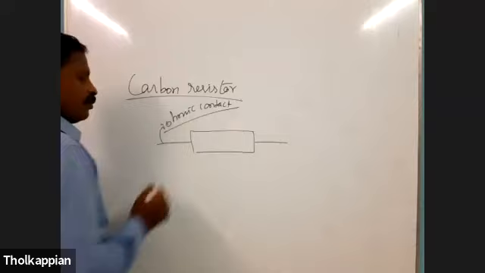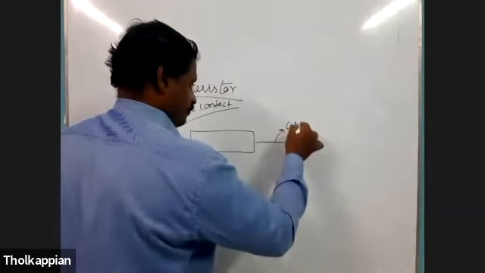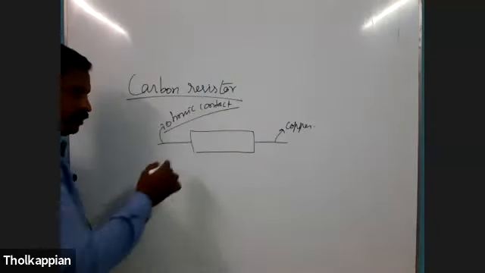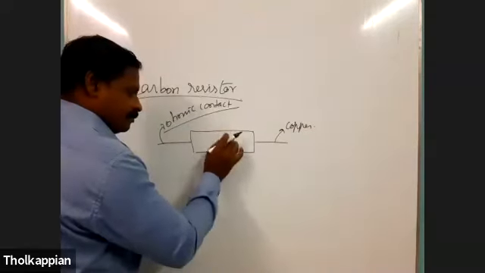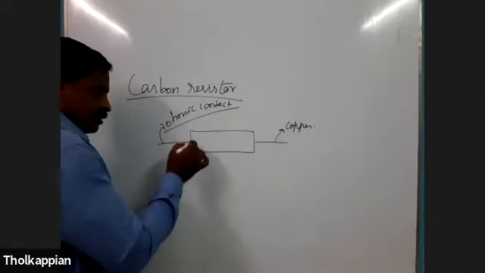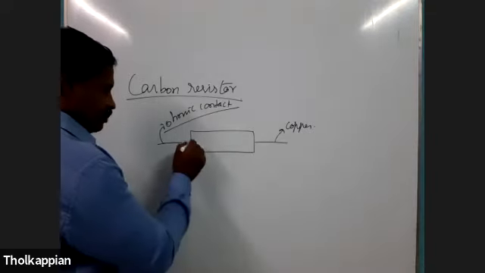What is the meaning of ohmic contact now? This is copper, a copper wire. This porcelain is an insulator, as you know. And on this, the crystalline carbon is sprinkled over it.